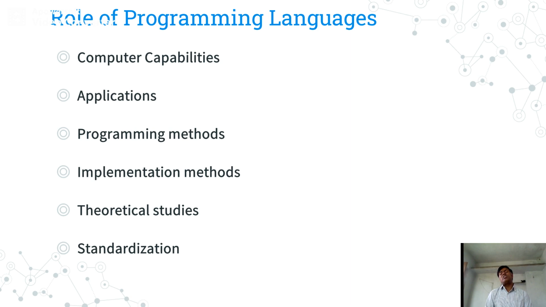There is also standardization. In standardization, programming languages also come, because every programming language has some standard. If a programming language doesn't have a standard, then it may not be a good programming language.